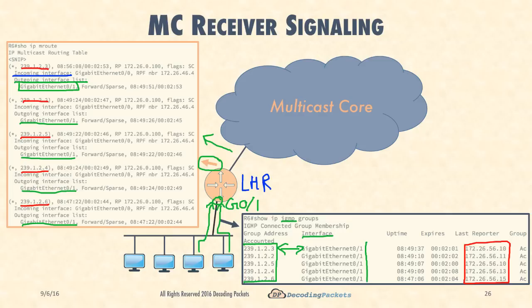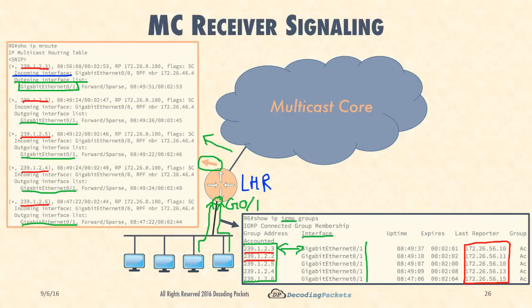So if you look at it, look at the very first state. It is 239.123. So that very first state in the multicast routing table is 239.123. And the very first state in the IGMP table is 239.123. The next state is 239.122. The same state reflects itself on the multicast routing table.